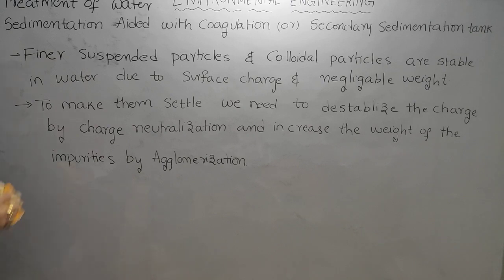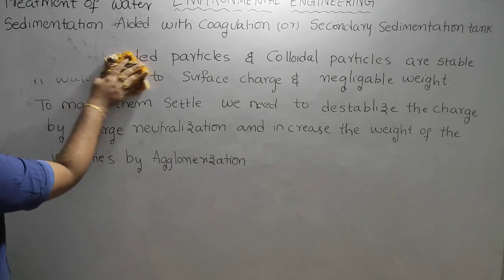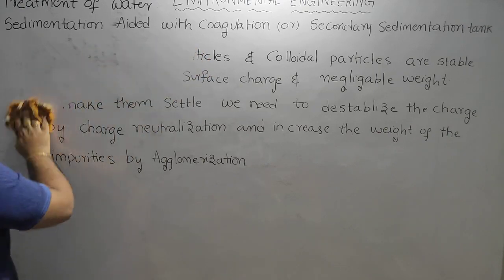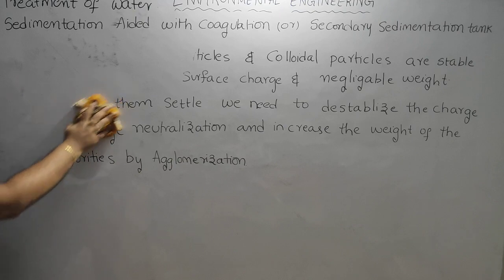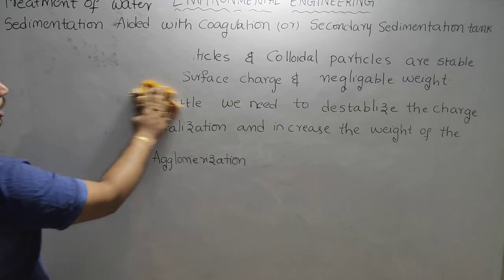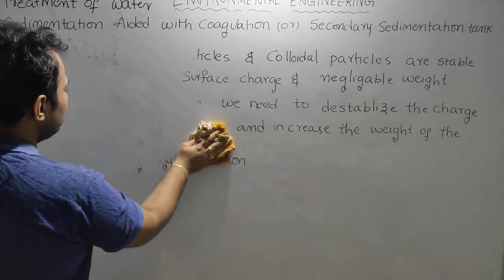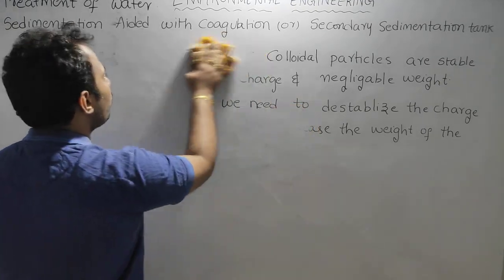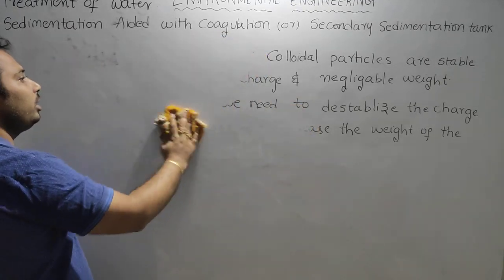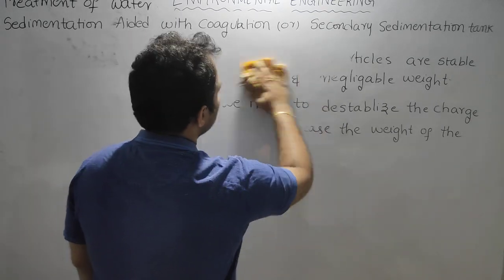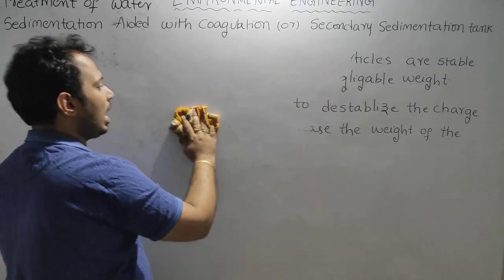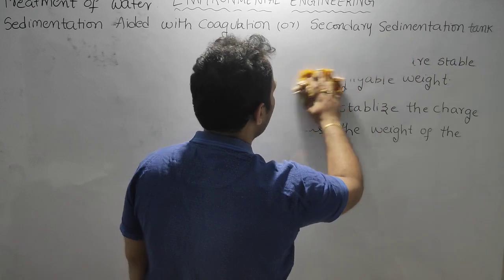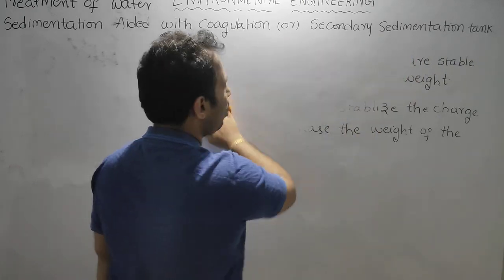Whenever we see colloidal particles, the majority are negatively charged particles, and they are present in the water. Some particles may have an affinity to attract the hydrogen ion present in the water.